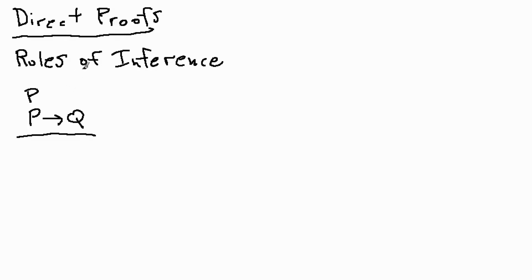But I think you'll believe that if this is true, and this statement is true, then I am able to conclude Q. You can verify this with a truth table, and this is a very important rule over here, and it actually has a name. It's called modus ponens.